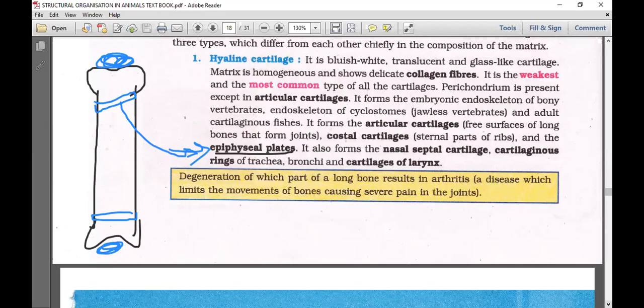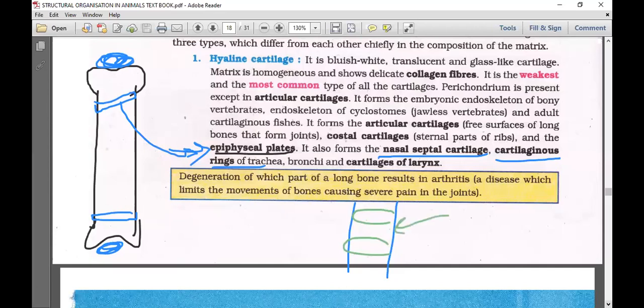Next, nasal septal cartilage. You can feel this. In the nasal chamber, in the center, we find nasal septal cartilage. Then the cartilaginous rings of the trachea. We can't say rings actually; they are C-shaped structures. Those C-shaped cartilaginous structures of the trachea are made up of hyaline cartilage.